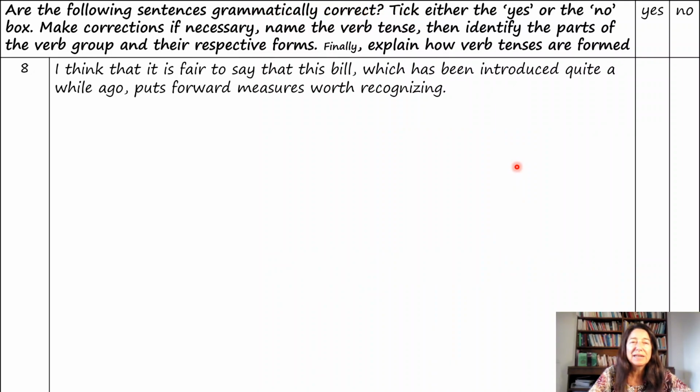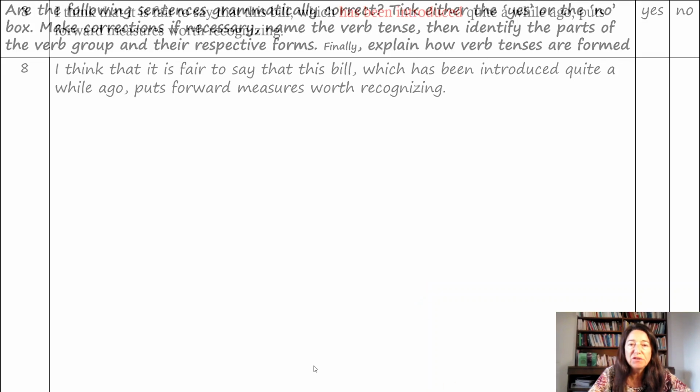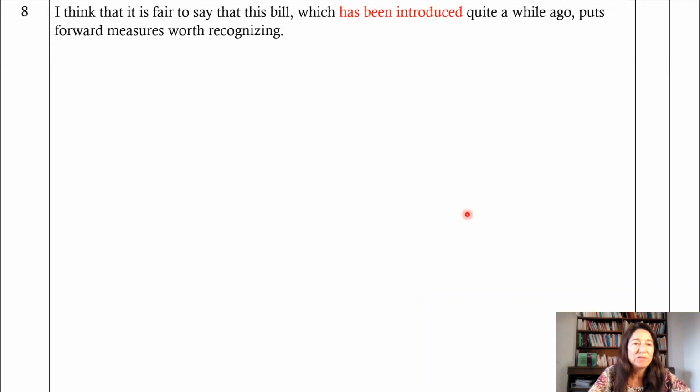We're still working essentially on the form a verb can take. I think that it is fair to say that this bill, which has been introduced quite a while ago, puts forward measures worth recognizing. So we're just going to look at the verb phrase that's the most interesting for us, because think here obviously is only the present tense, so that's VS. And then it is fair, so that's VS again, to say that's just V0.